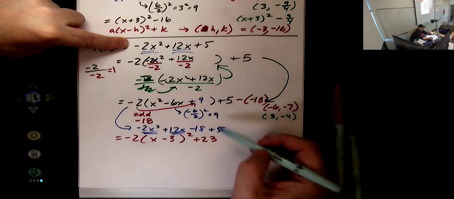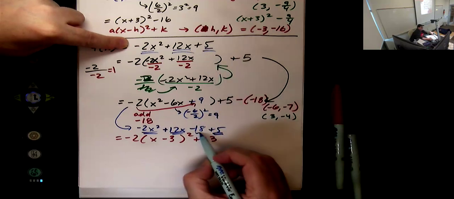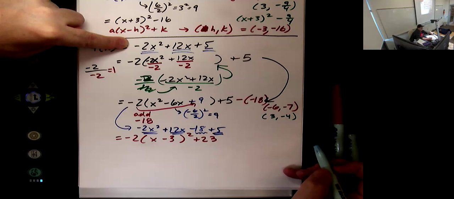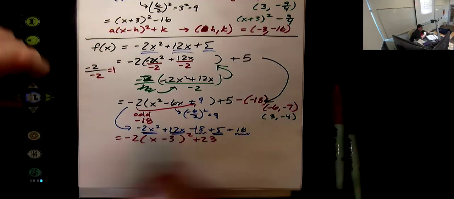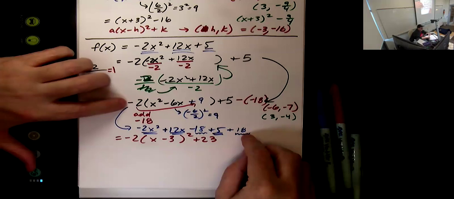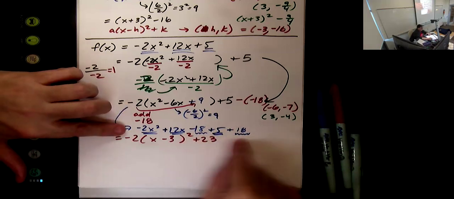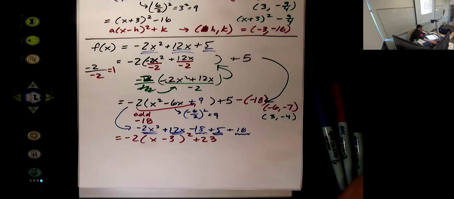But for this, the 5 matches, so I need to compensate for negative 18. So I compensate for negative 18 by adding 18. If you distribute the negative 2, you'll see how it's changed.